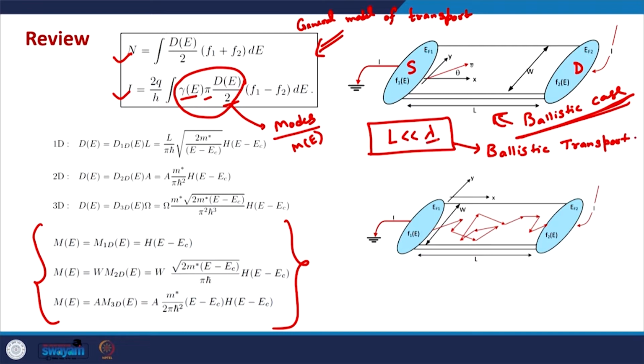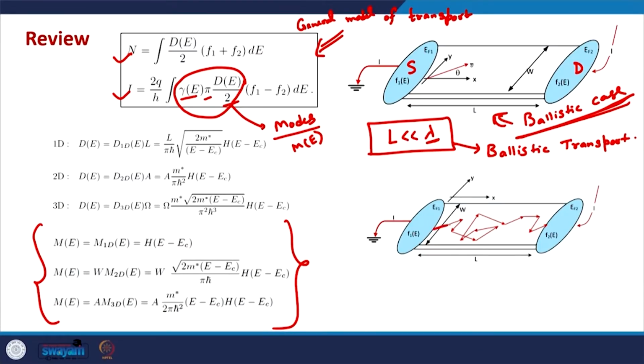What is the mean free path? Mean free path is the average distance travelled by the electron between two collisions. So, when we have a large conductor, a large channel for example, electrons will collide with atoms and other particles or maybe other vacancies, and the transport will be something like this.